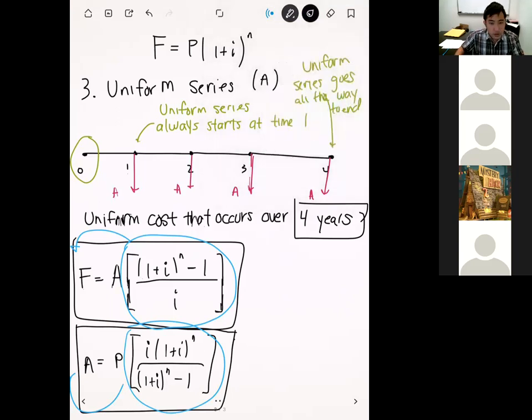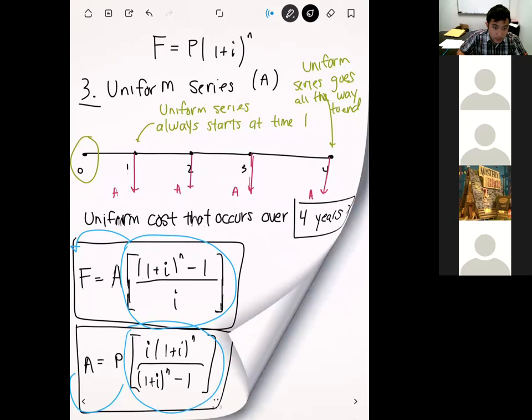All right, so those are the three cash flows that we've gone over so far, and I've given you what they look like in a standard form. Now let's talk about what happens if you have a non-standard cash flow, and how you deal with those situations.